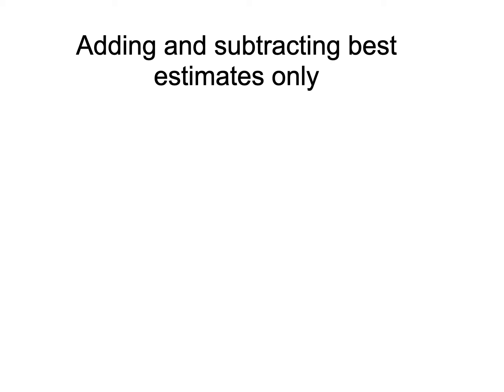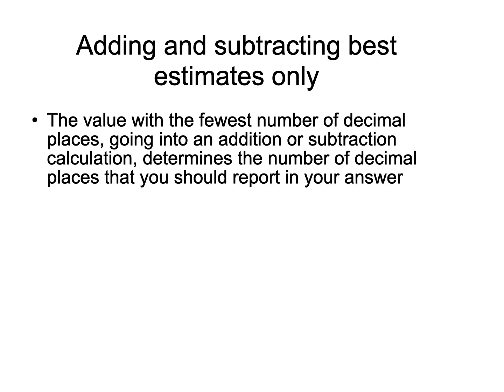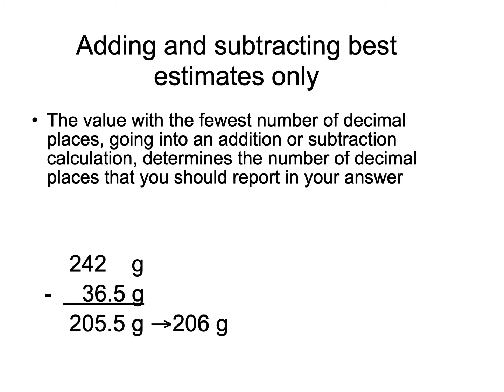Since a sum or a difference always has an error at least as big as the largest error going into the calculation, the answer to those calculations should end on the same decimal as the term with the largest error. In the previous example, the 242 grams was associated with the biggest error because it ended one decimal place before the 36.5 gram measurement.